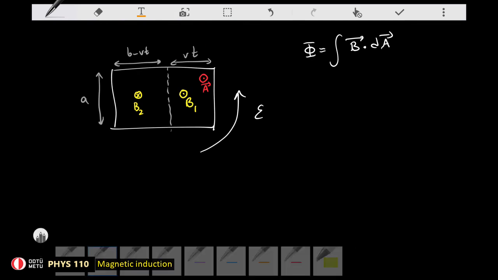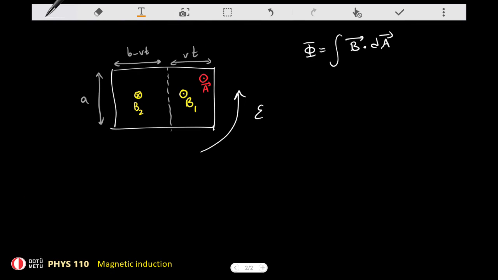So as a result, when we are computing the flux, I have to compute the flux coming from these two areas separately. So let me write this contribution first. Since the magnetic field is in the same direction as the area, we get a positive value in here, B1, the strength, multiplied with the area of that region. So that's A times vt.